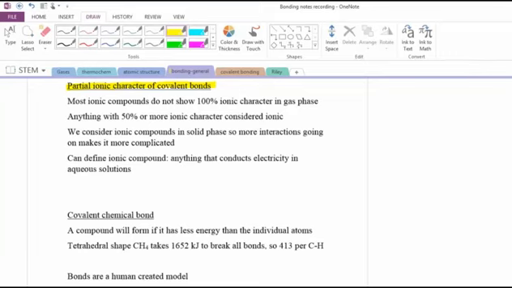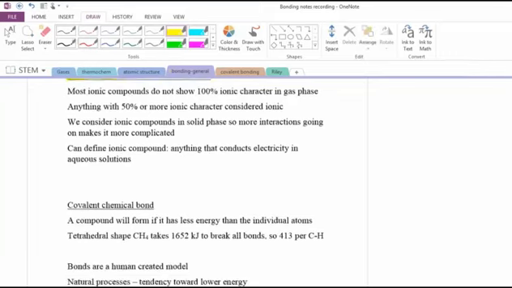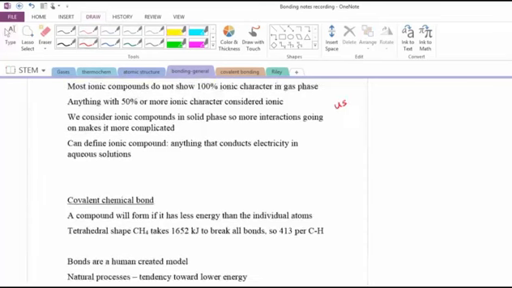So we have a continuum. You can use a rainbow as a good analogy, and they do some diagrams in the book that show that.